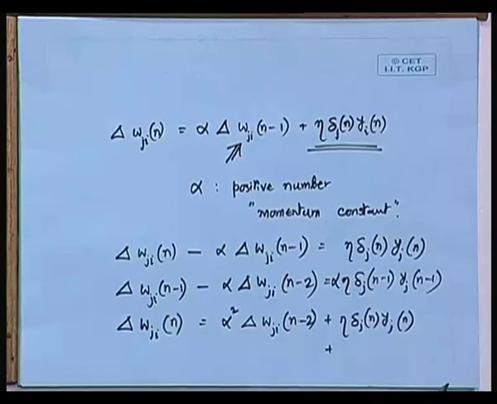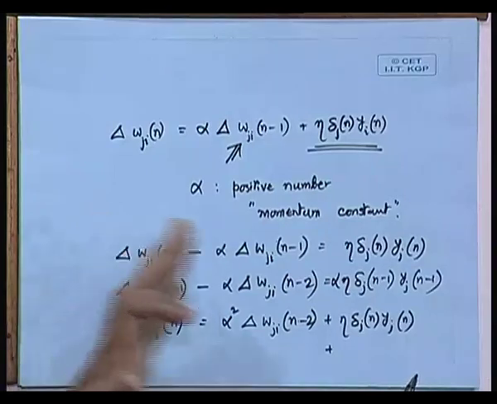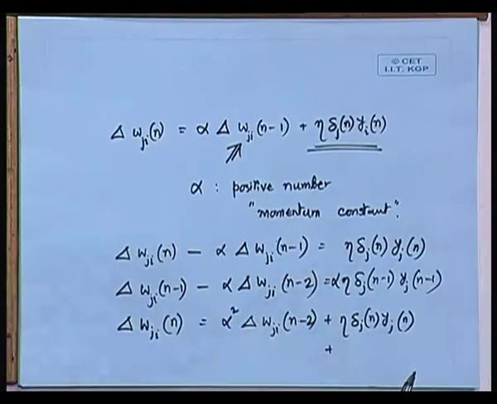If we keep on doing it, here we have expressed it in terms of n minus 2, but ultimately if we add up everything, n minus 2, n minus 3, n minus 4 and so on, the delta Wji(n) is going to be expressible as a time series.